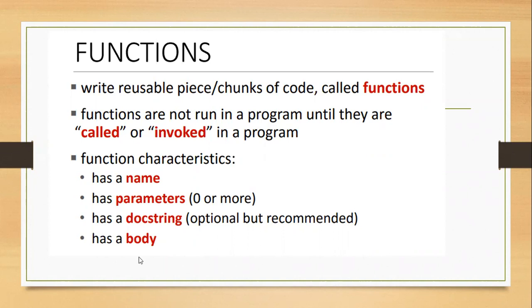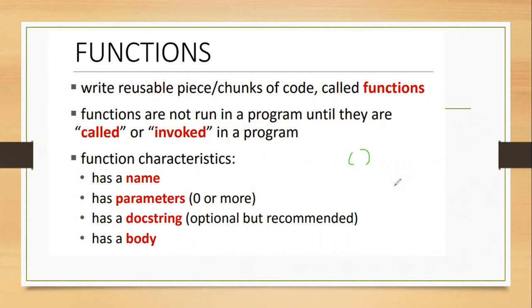Then the function has a body. So it has 0 or more parameters. That means there must be that bracket. So even if nothing goes inside it, those brackets, the opening and closing bracket, must always be there to show that it is either 0 or more parameters.